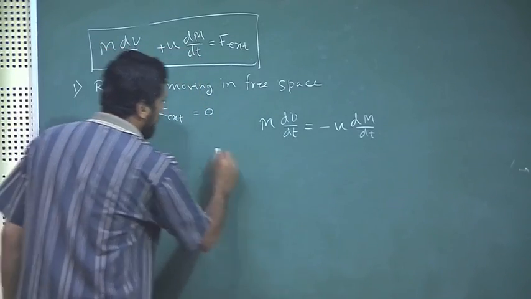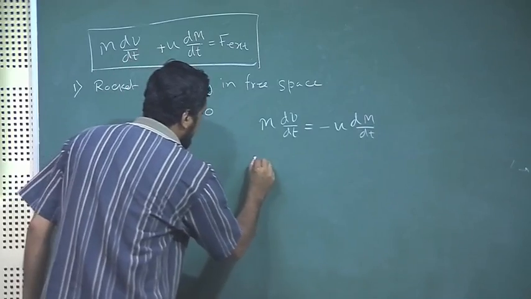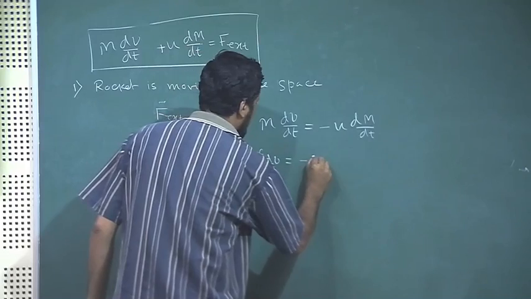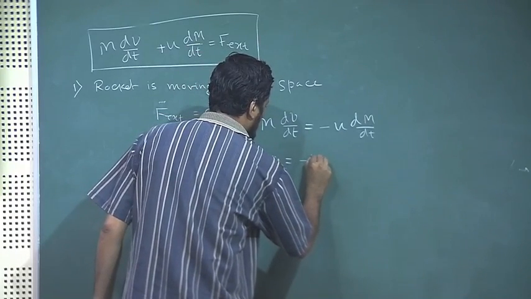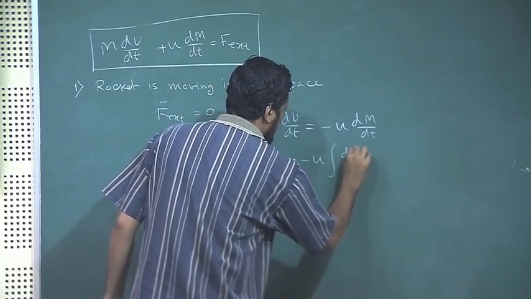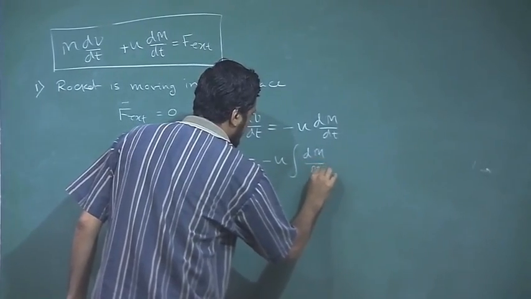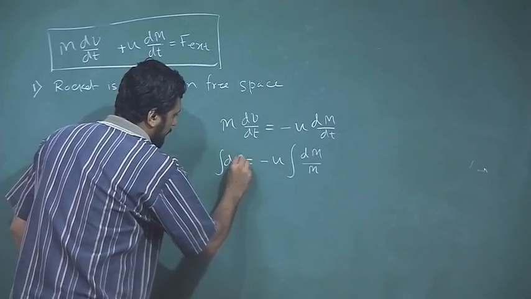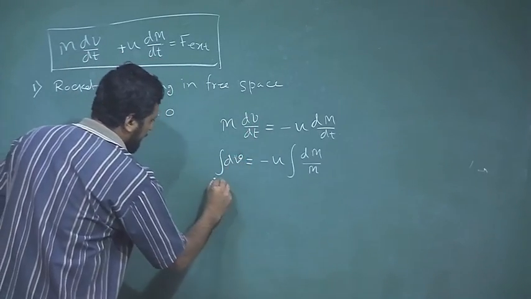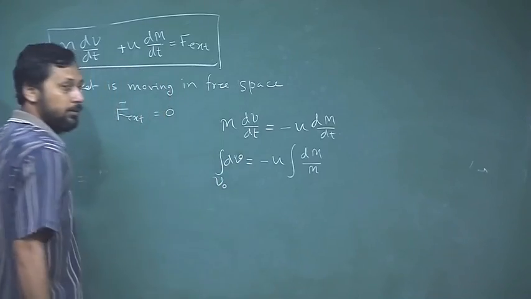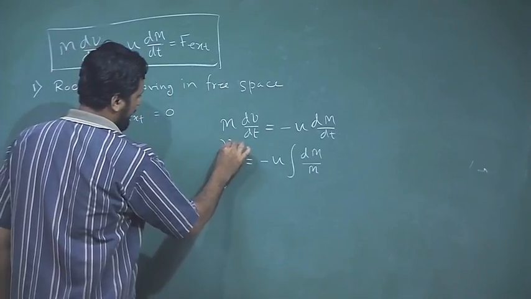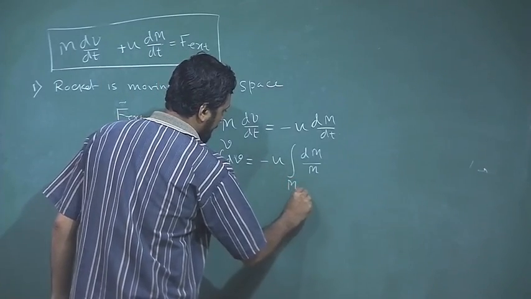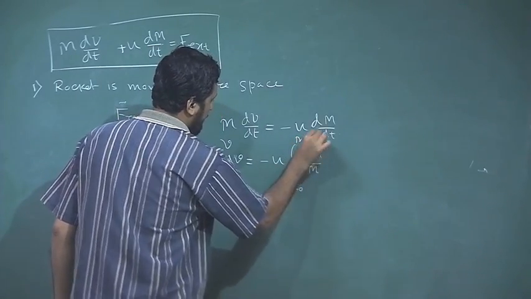Now, once we do that, we see the integral of dv equal to minus u times the integral of dm by m. Okay. Now, the integration limits will be, let us say initial velocity is v0, and at time t it reaches a velocity v. Initial mass, let us assume to be m0, and mass is m.